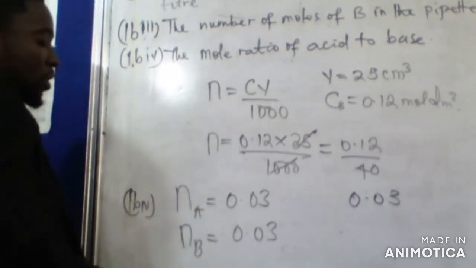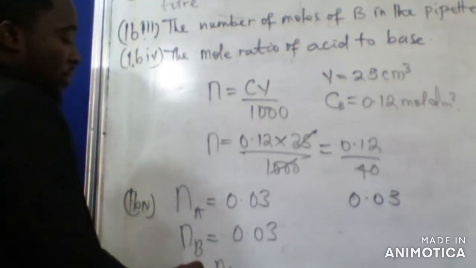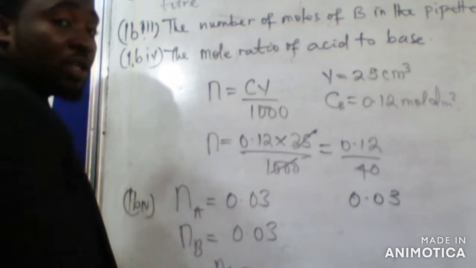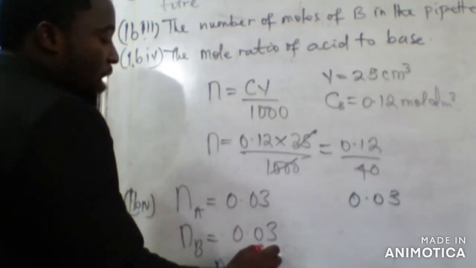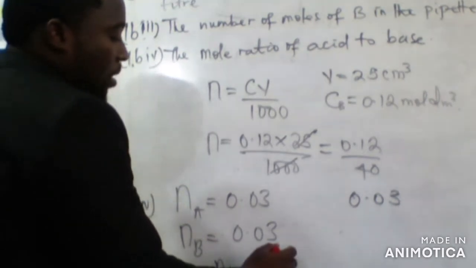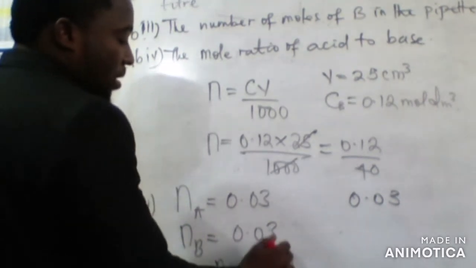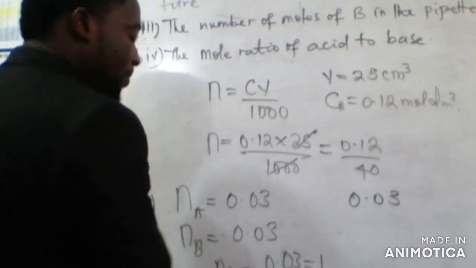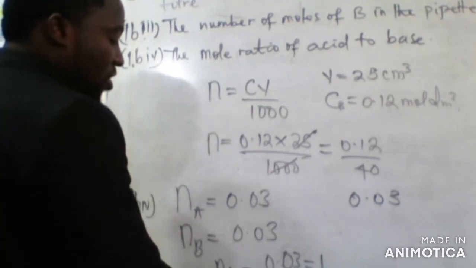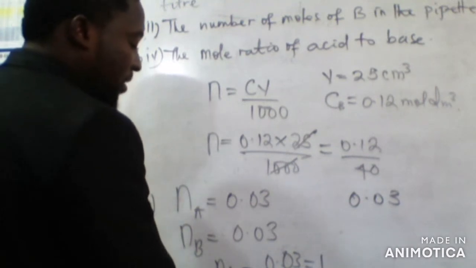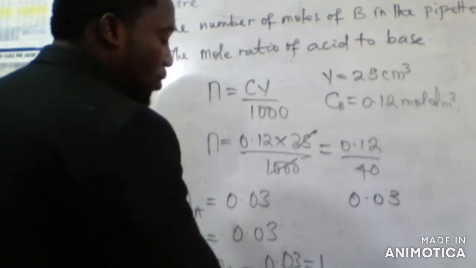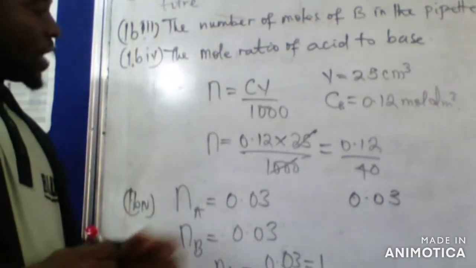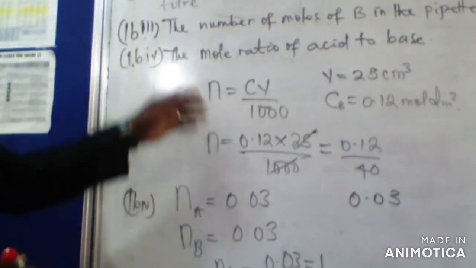So the mole ratio is simply gotten by dividing these values by themselves, because they're almost equal. 0.003 divided by another 0.003 will give me 1. So the number of moles of acid to the number of moles of base is 1 over 1, which is 1:1. That is the answer to the last question.